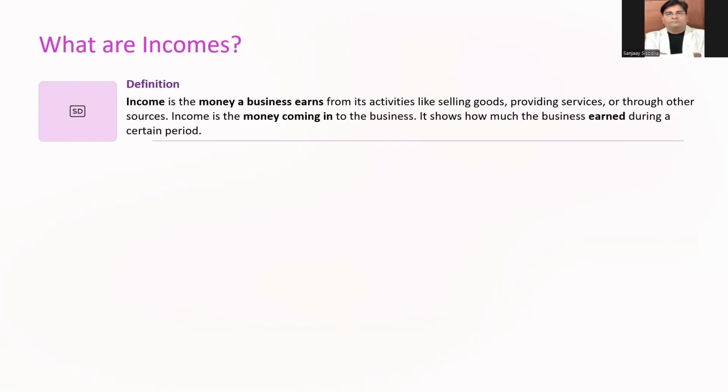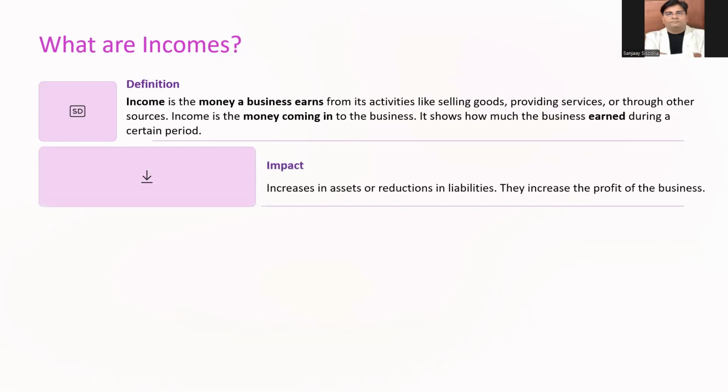It shows how much the business has earned during a certain period. What is the impact of income? The income increases the assets and or it will result in reduction in liabilities. The more the income is, the more is the profit for the business.